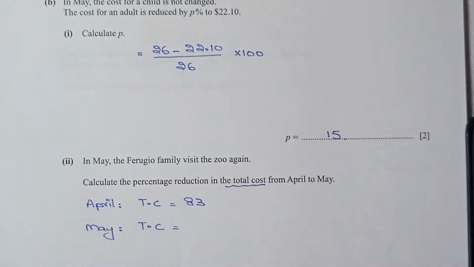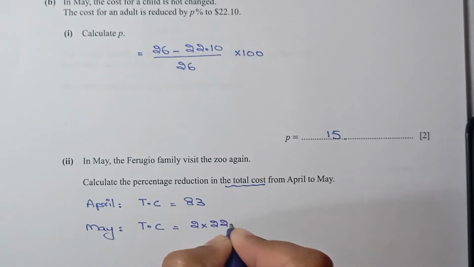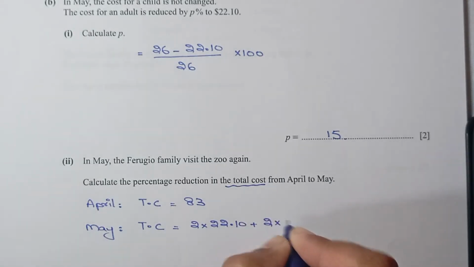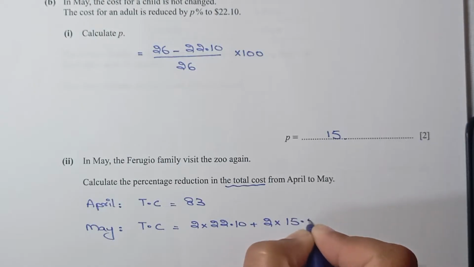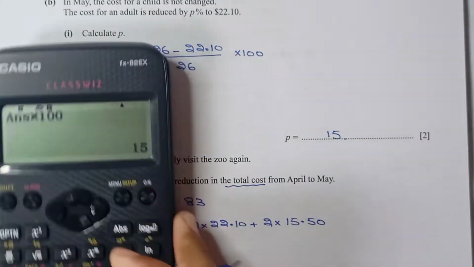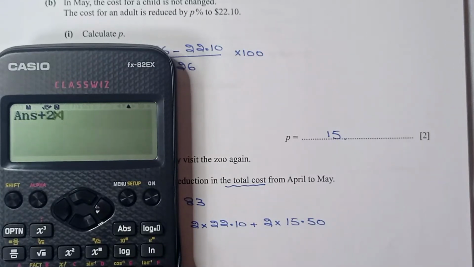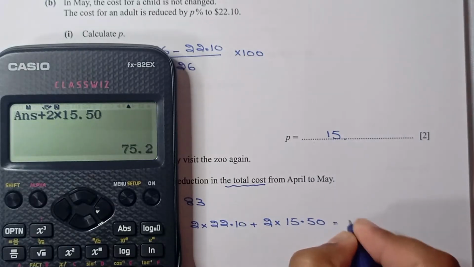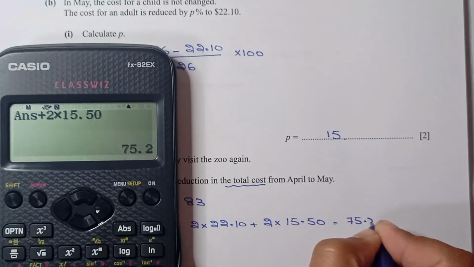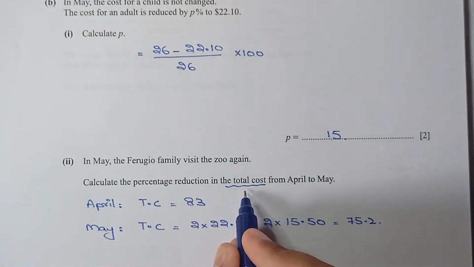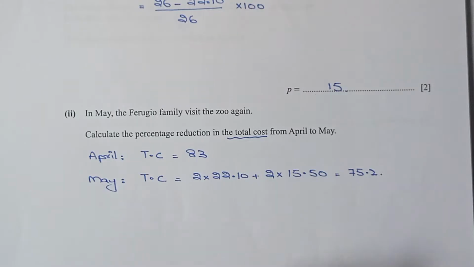The total cost for May is 2 adults at 22.10 and 2 children aged between 5 to 16 at 15.50. So 2 times 22.10 plus 2 times 15.50, this would be $75.02.